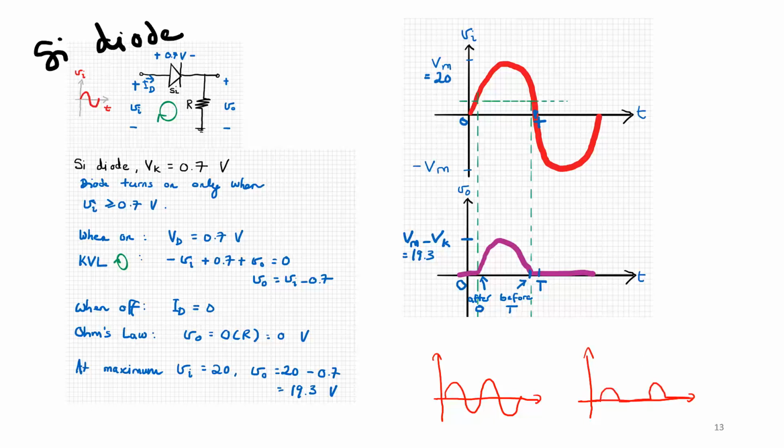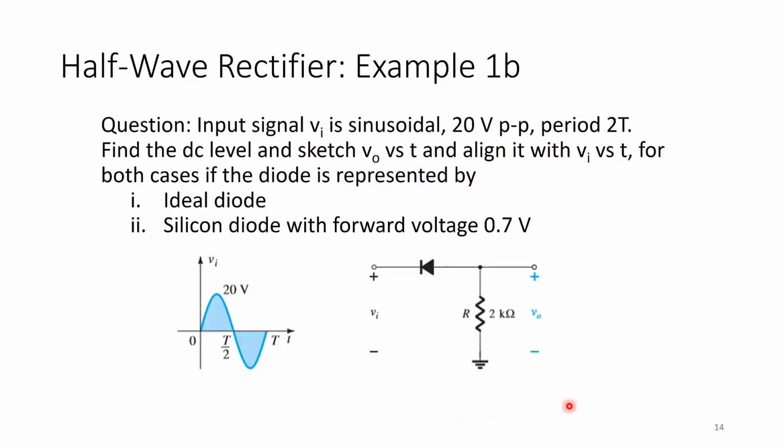Alright, so that's how it repeats itself. Sorry, I've scribbled where there's supposed to be some writing here. So the VDC is now no longer 0.318 times 20, but 0.318 times 19.3, which gives me 6.137 volts.